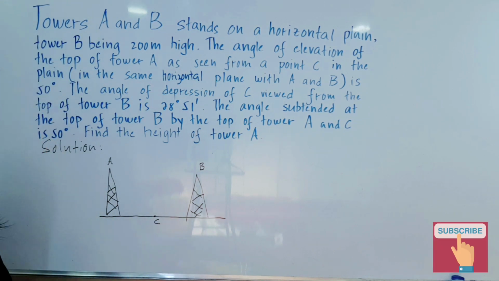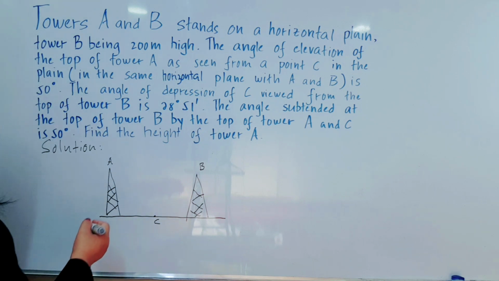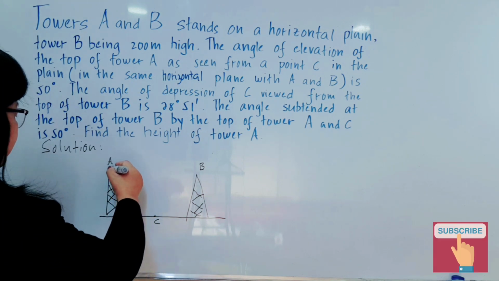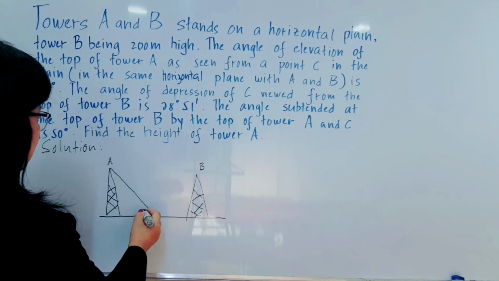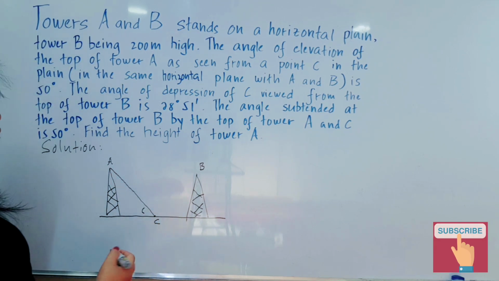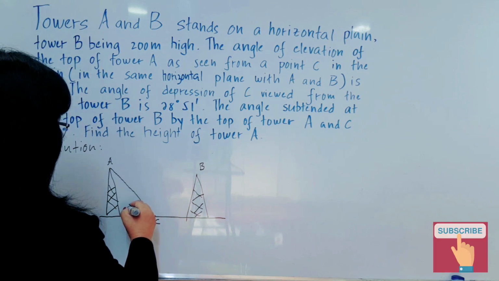It says the angle of elevation of Tower A as seen from point C is equal to 50 degrees.